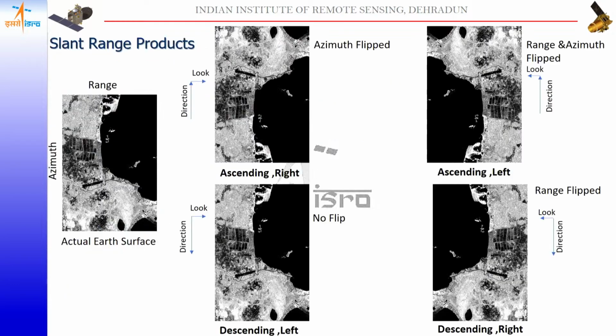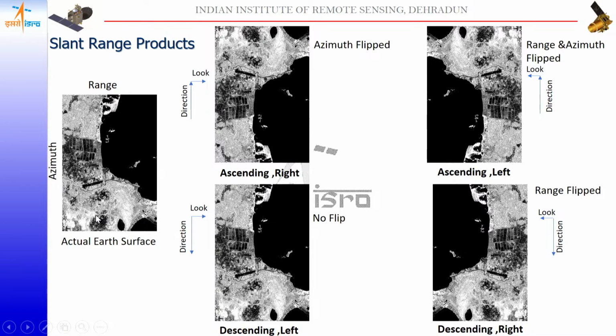When you get a slant range product, this is the actual earth image. This is called the range and this is called the azimuth. When the SAR is acquiring data in ascending right mode, it is going from south to north and looking in this direction, which is the right direction.